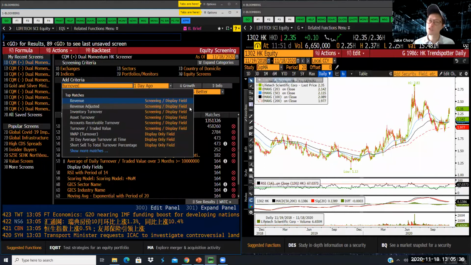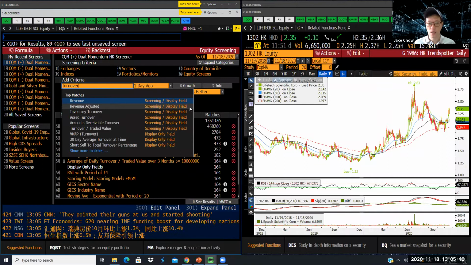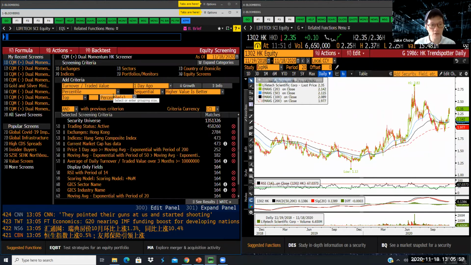Stocks with higher value tend to have lower volume. So turnover, or ADV, average daily traded value, is basically number of shares times the price, so you get the notional value. I would prefer to use turnover or traded value for stocks.